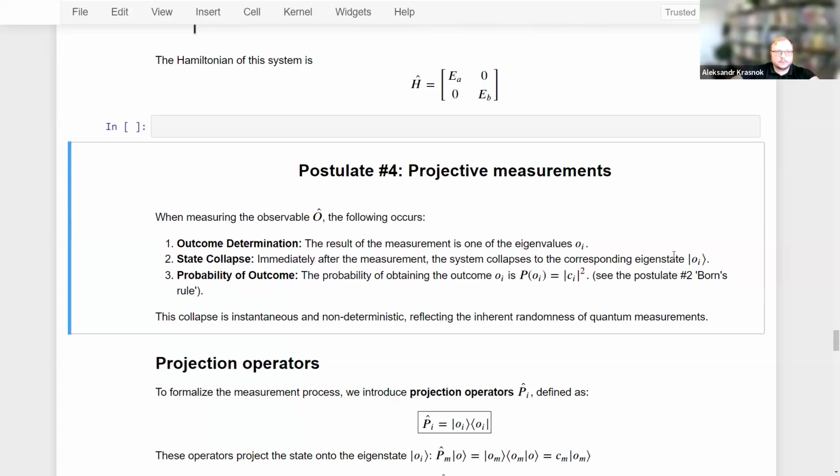So the measurement leads to the state vector collapsing to one of the possible eigenvectors, only one possible eigenvector. And as we discussed, the probability of which one will be given by the Born's rule, the square of the magnitude of the coefficients C.